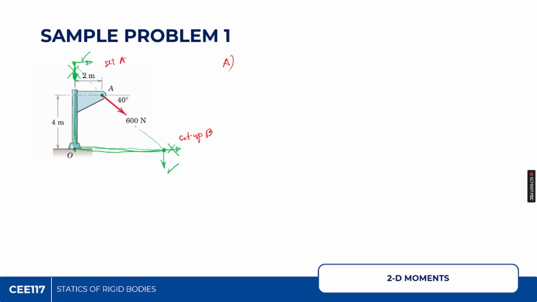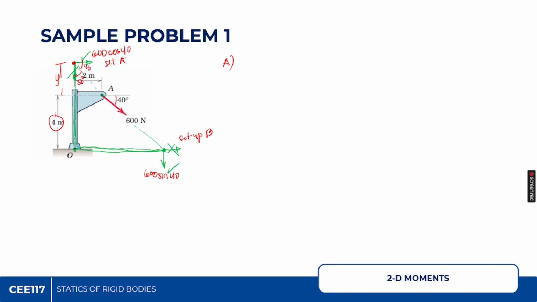For setup A, this component is 600 cosine of 40, and this one is 600 sine of 40. The perpendicular distance from this point is 4 plus some value y. We need to solve for y. If this is 40, this one is also 40, so this one right here is 50.